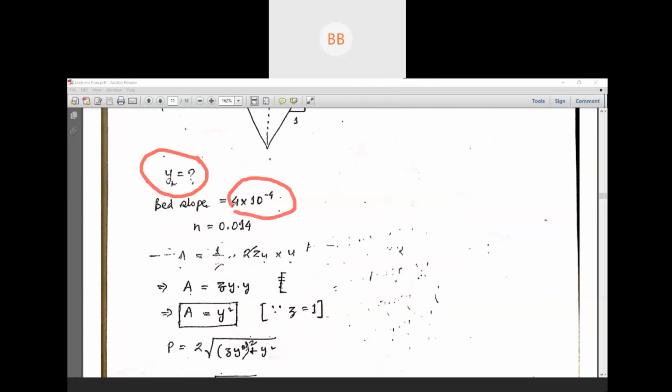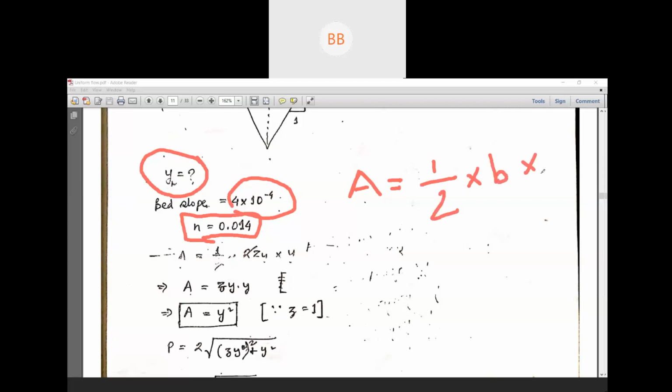Bed slope is given. Manning's n is also given. And area of a triangle is nothing but half into base into altitude.